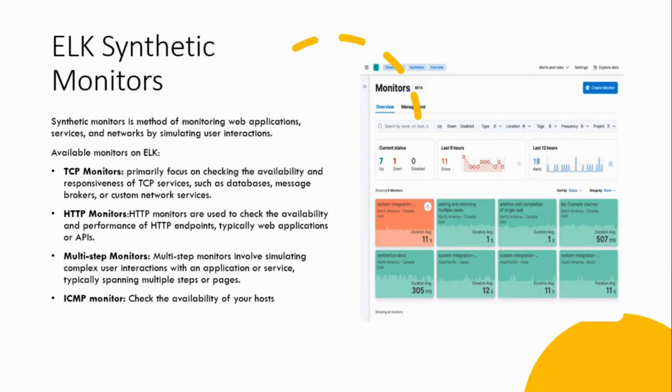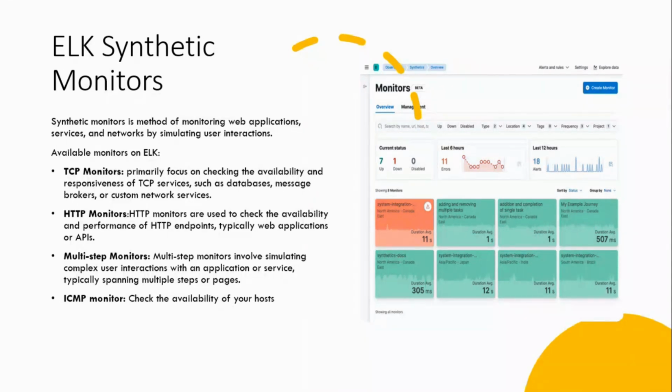Then there's also a multi-step monitor. With a multi-step monitor, you basically mimic, for example, a web portal journey where you want to check if certain tabs are loading. You record the login, you click on a certain tab and record the output, you click on the next tab and record the output, and then you use that recording on the multi-step monitor.